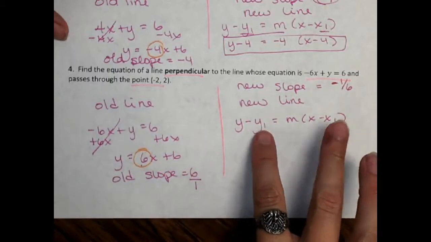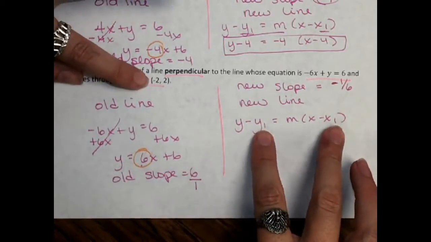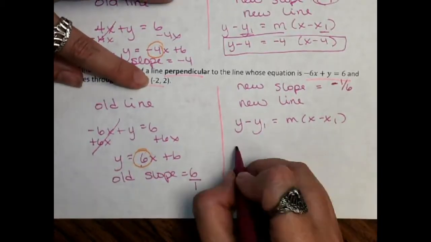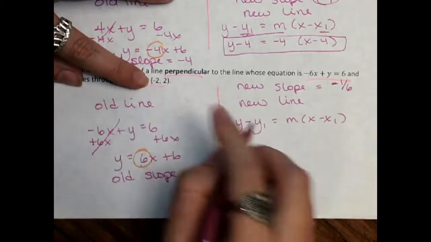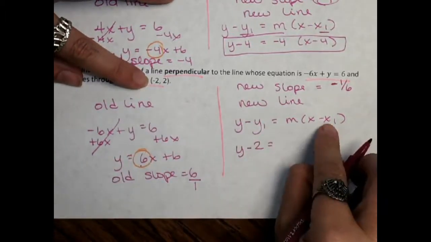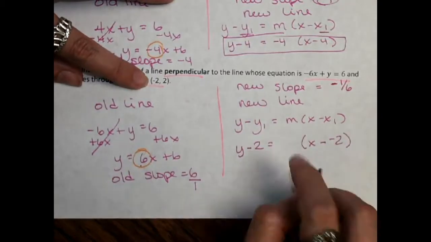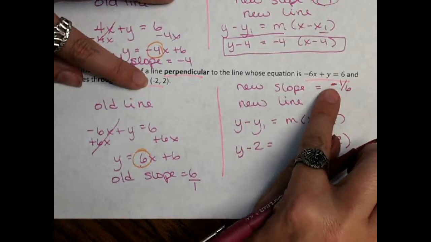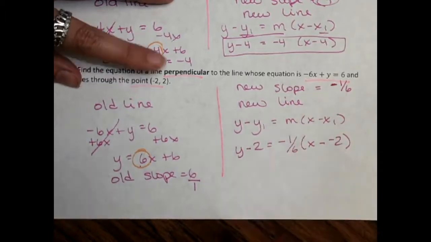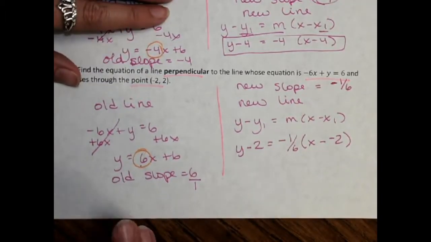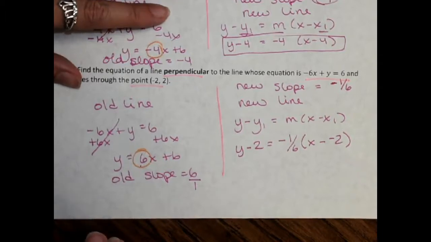Plug in my point right here for my y and my x. My y is 2, and my x1 is negative 2. And my new slope, I wrote it down right there, is negative 1/6. So pause and write this down, rewind as you need.